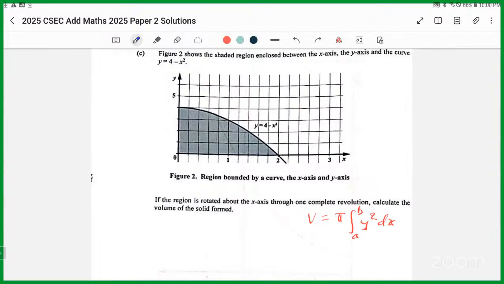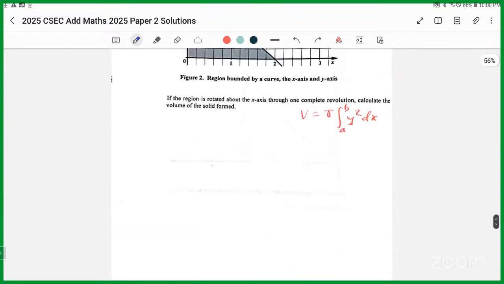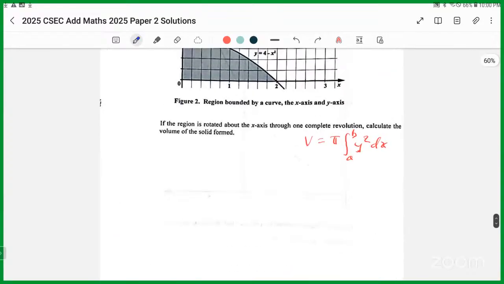So the volume that we want comes to pi times the integral of 4 minus x squared dx between 0 and 2. And we're going to have to expand this out.